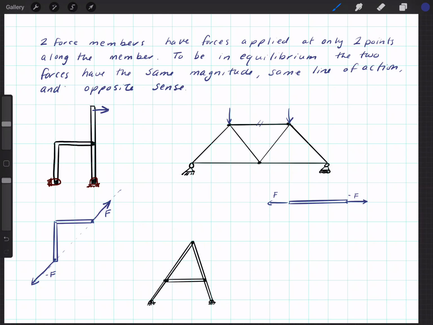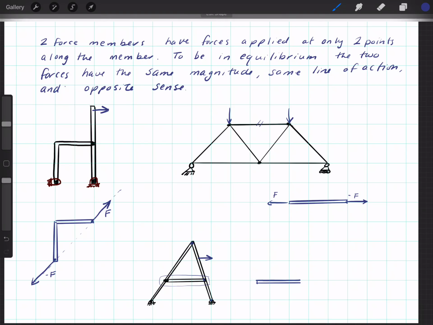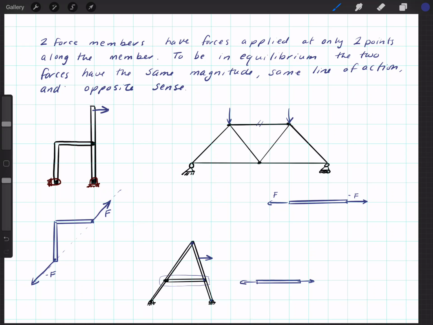My last little example here, we have this frame, and if I load it here in the middle, this member that I'm loading would have force applied at the joints, and so those uprights are not two-force members. They have at least three. But when I look at this crossbar right here, and I take that out and draw a free body diagram of that, then I know the only way this is in equilibrium is if the forces on either end of it, because it's a two-force member, are equal and opposite to each other.